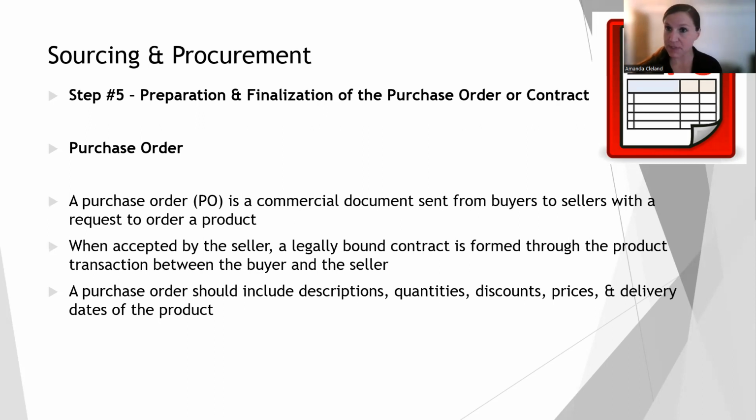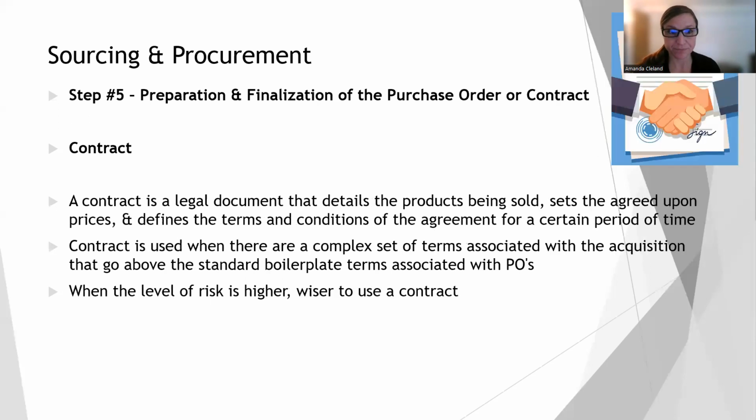And when that is accepted by the seller, a legally binding contract is formed through that transaction between the buyer and the seller. The purchase order usually consists of descriptions, quantities, price, any discounts, and delivery dates of the product. So it's a very straightforward, usually very simple document.